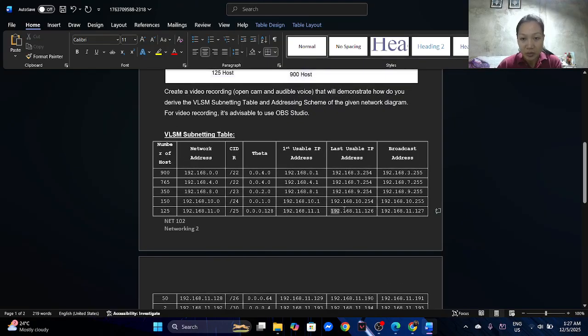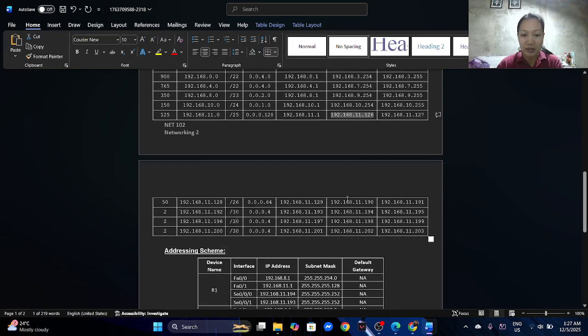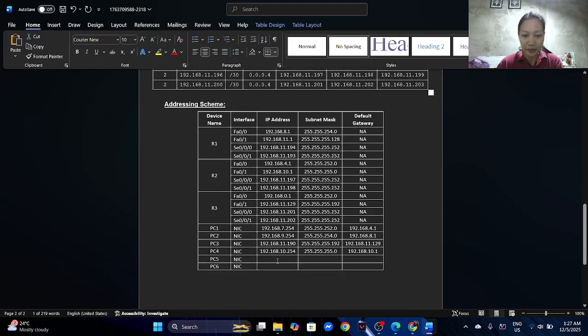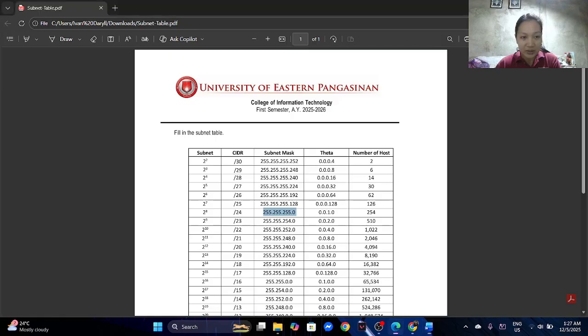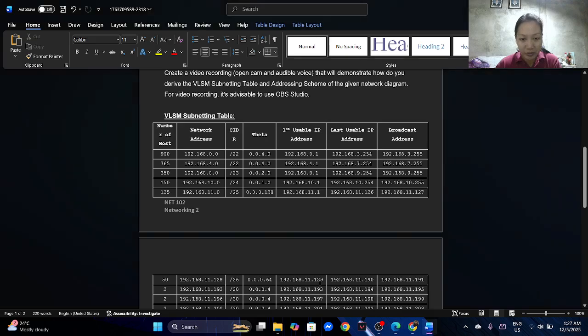So for PC5, host 125, the last usable address will be the IP address. So it's 192.168.11.126. Host 125 is CIDR /25, so the subnet mask would be 255.255.255.128.